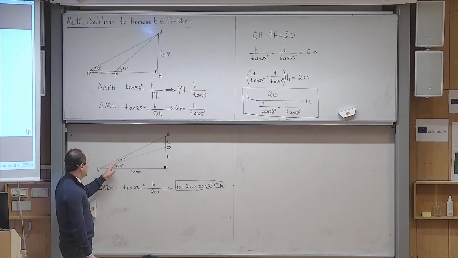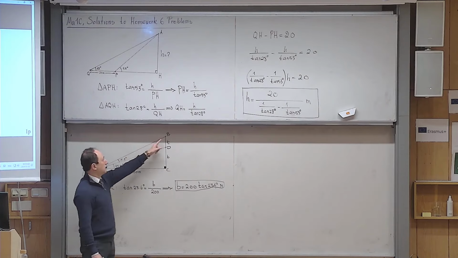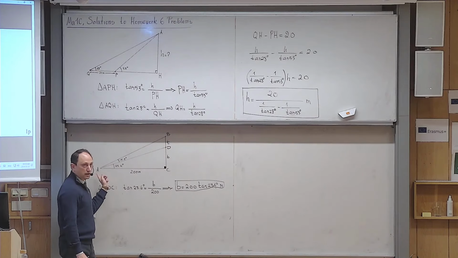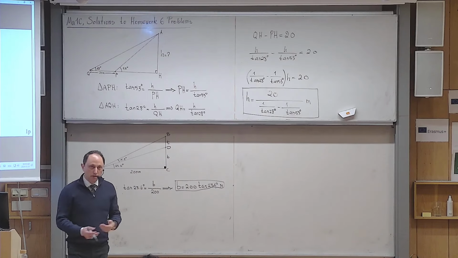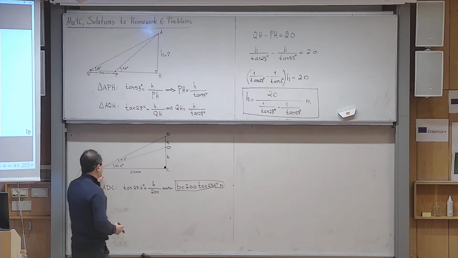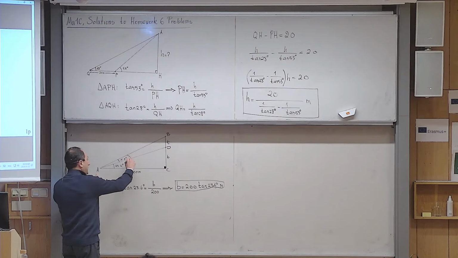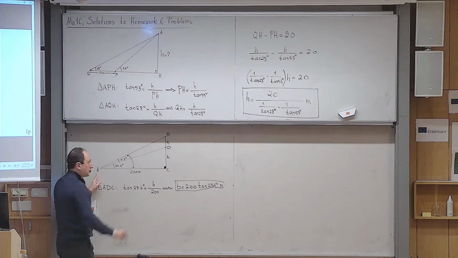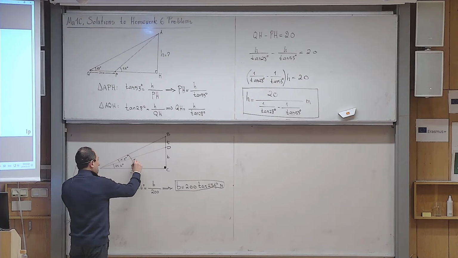Be careful, you are not allowed to work with this triangle, because this triangle is not a right angle triangle. Do I have any other right angle triangle? Yes, you can add both the angles. So I can work with the bigger right angle triangle, but I have to first calculate this angle. Let me call this angle theta.